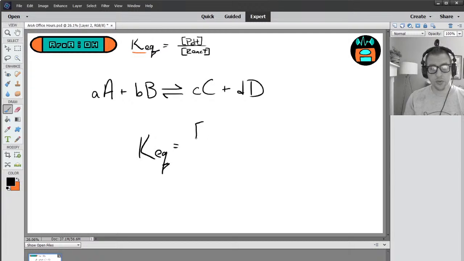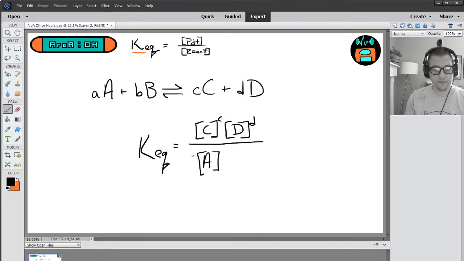is equal to the molarity of C raised to the power of lowercase c, times the molarity of D raised to the power of lowercase d, over the molarity of A raised to the lowercase a, times the molarity of B raised to the lowercase b. And we noted that these exponents in the expression are our stoichiometric coefficients.